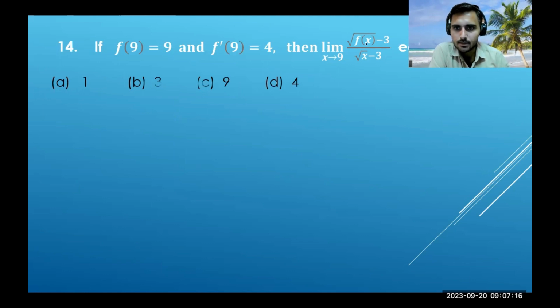So f of 9, whose value is also 9, square root of 9, it's a perfect square, so we'll get 3, and 3 minus 3, which is also 0, right? Here we'll put x equal to 9, so square root of 9 is 3, and 3 minus 3 is also 0. So we have a 0 upon 0 form, so it's a totally indeterminate form.